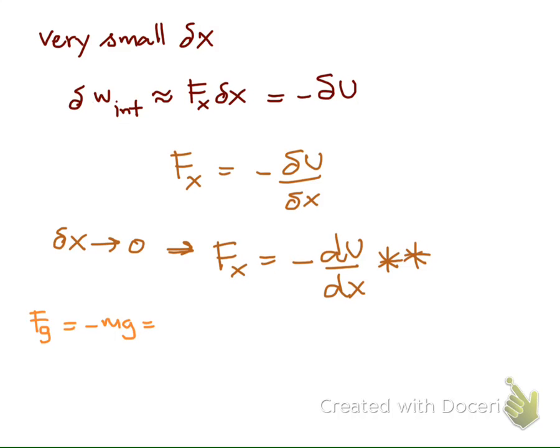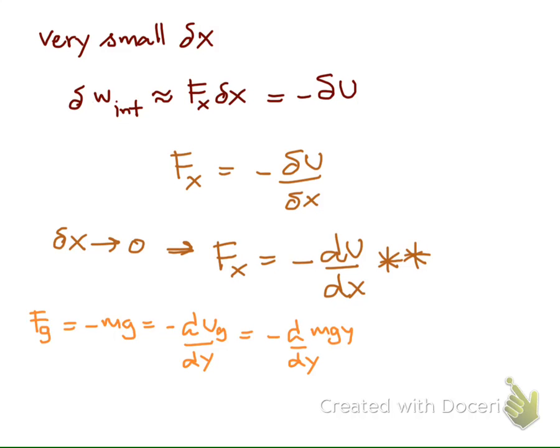This is equal to minus dUg by dx, or we can say dy, it's just the symbol. And this is minus d(mgy) by dy. So you can see that minus d(mgy) by dy is equal to minus mg. So we have this relation between the gravitational force and the potential.